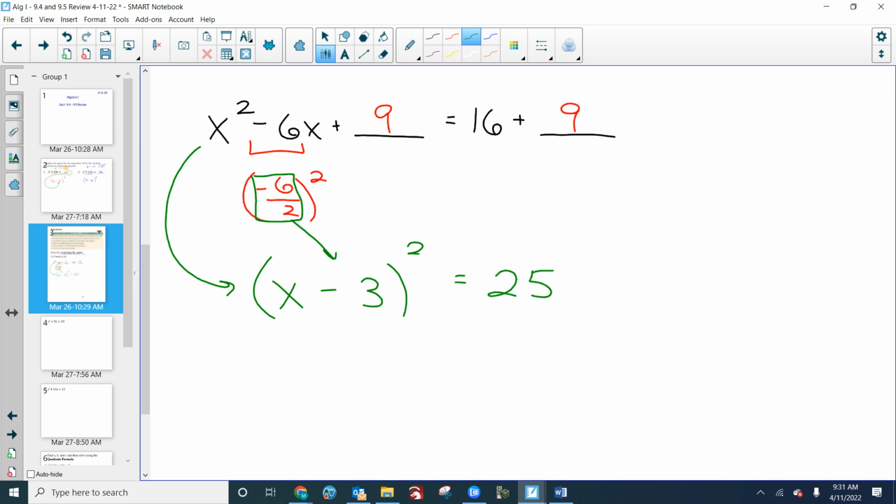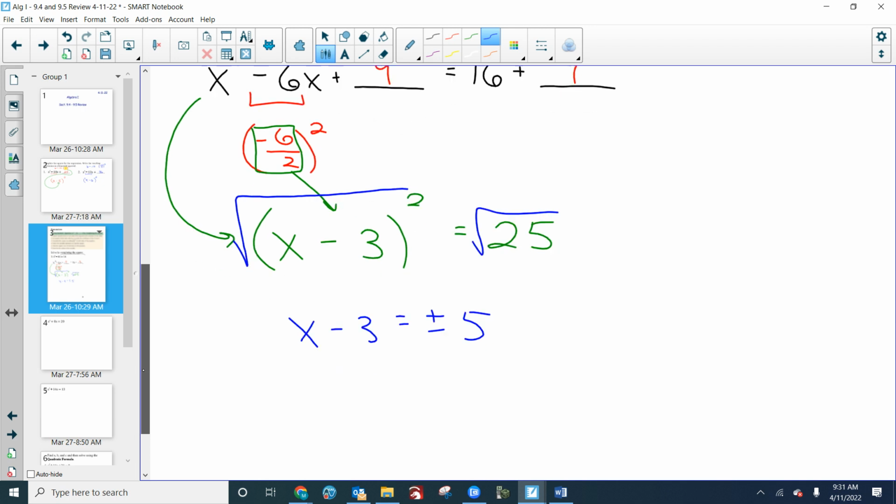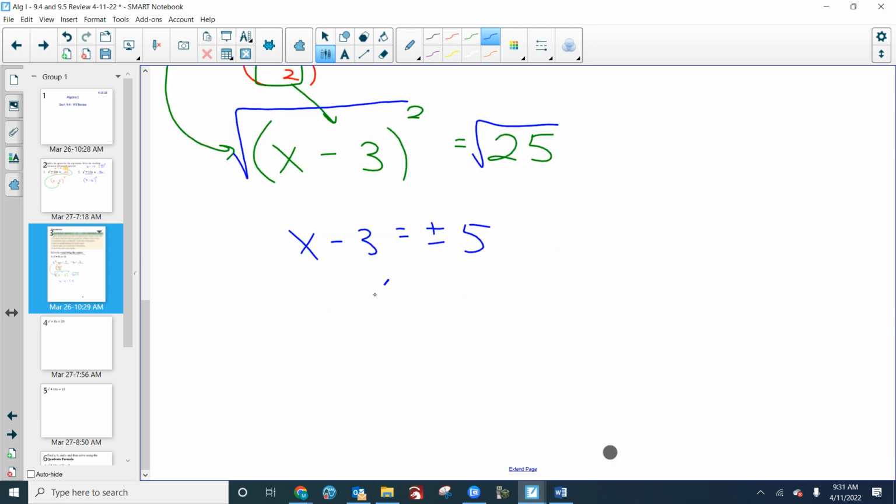Are you good so far? Good so far. All right, what do we do next? Square root. And the main thing to remember when you square root is to allow for the positive and negative. Break it up into two parts. X minus 3 equals 5.